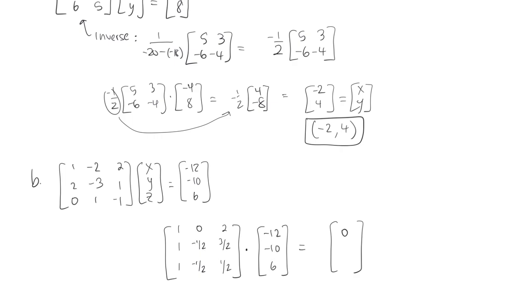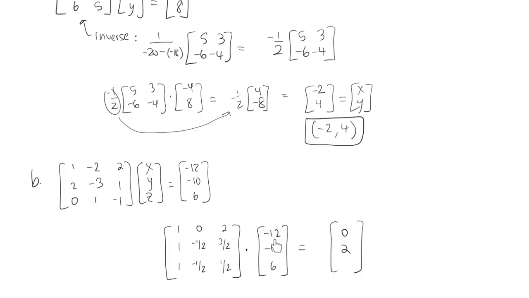So we have negative 12 plus 5, which is negative 7. And then we have 3/2 times 6. So that's 18 divided by 2. That's 9. So we have negative 7 plus 9, which is 2.